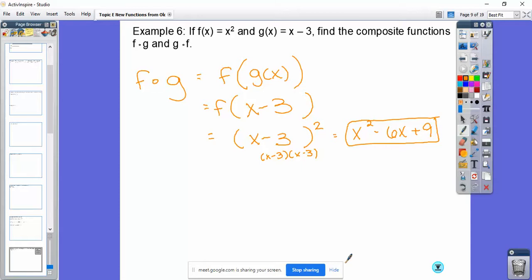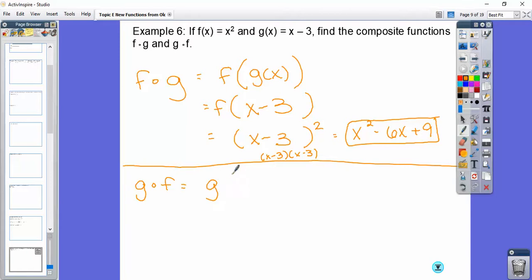Okay, what about G composed with F? What changes? Order matters with the composition.